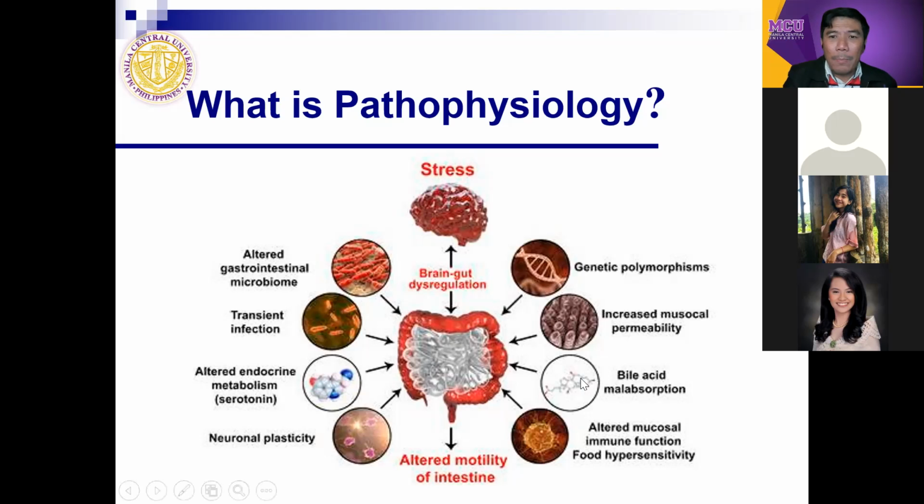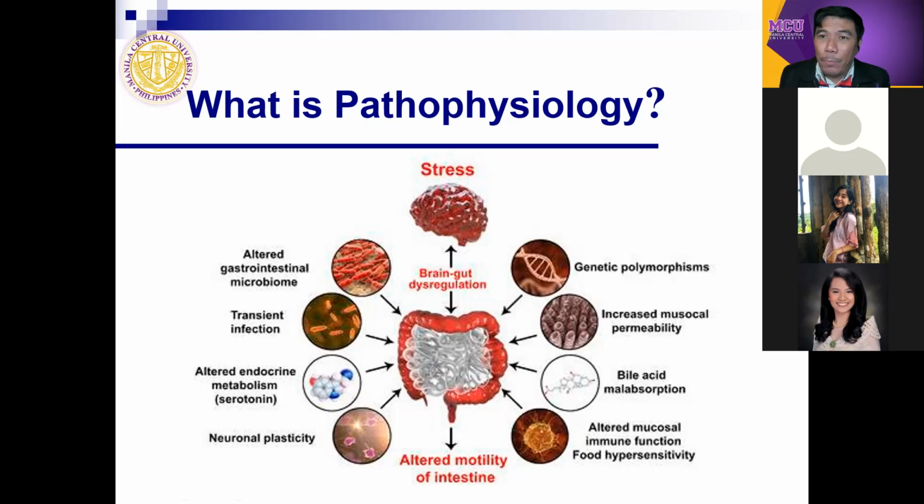Another, there could be a possibility of genetic polymorphism. If we say genetic polymorphisms, this may alter tissues. Next, increased mucosal permeability, meaning the mucosa is very important for the intestine to facilitate the movement, the bowel movement. So what happens there is, when mucosal permeability increases, it slows down the movement. Now the next is bile acid malabsorption.